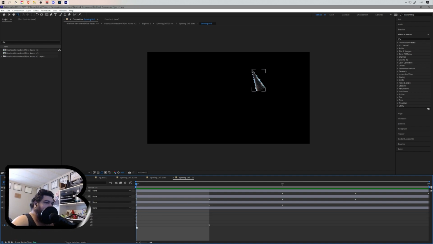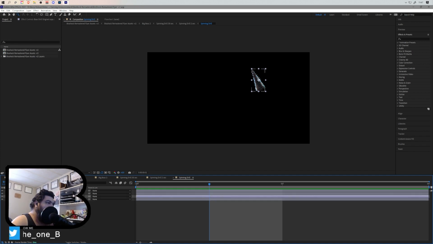See, right here, this is 100% opacity, and then on the next frame it drops to 0. And then the next one is on 0 opacity, and at this frame it turns into 100. So if you watch it, it's literally just 4 changes because it's 4 frames, 1, 2, 3, 4.